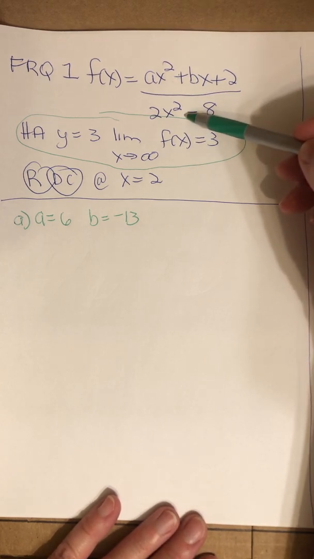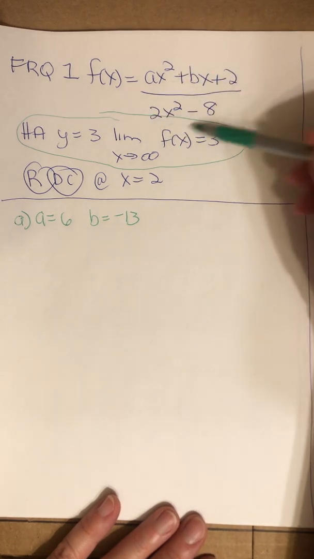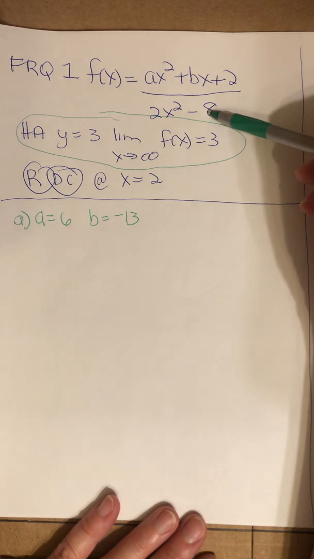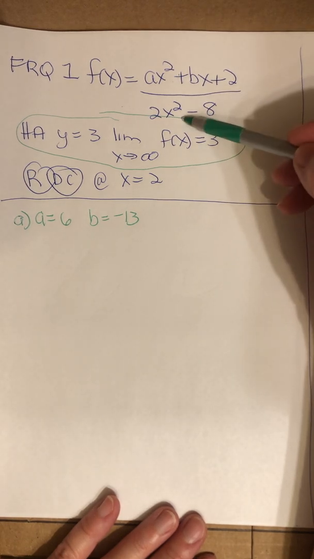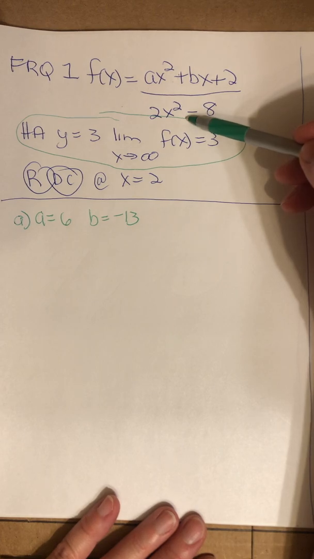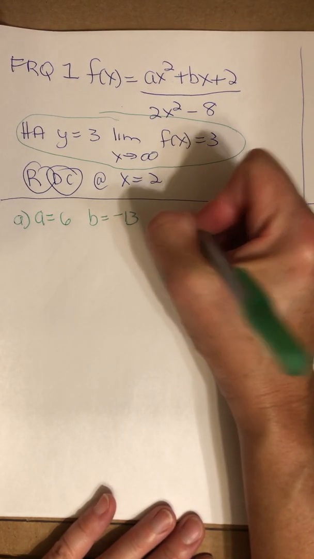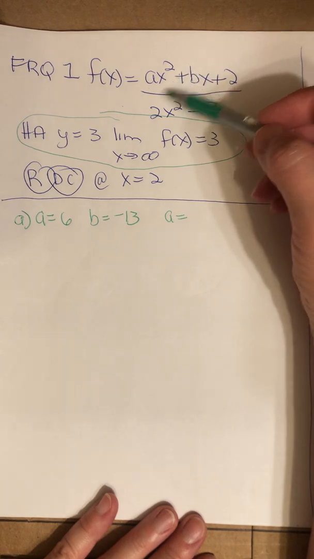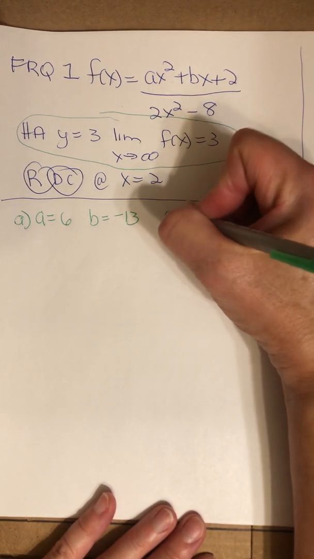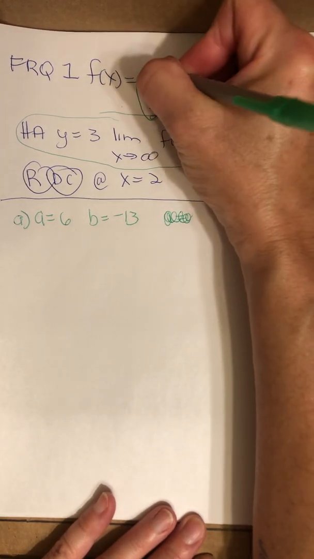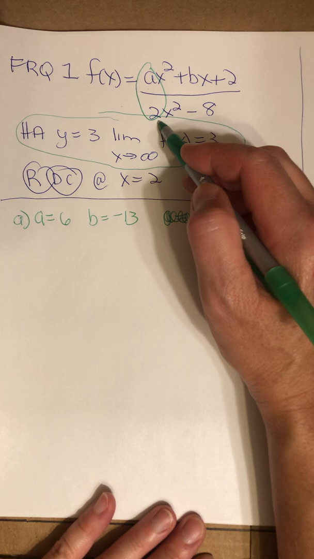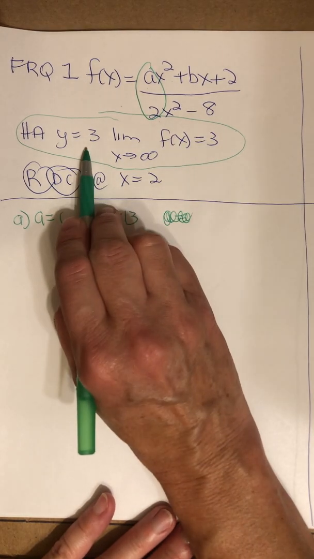That means that when I try direct substitution of infinity, because the degrees are the same, either using logic or factoring out the x squared, a is equal to the leading coefficients, a divided by 2, which must be 3.